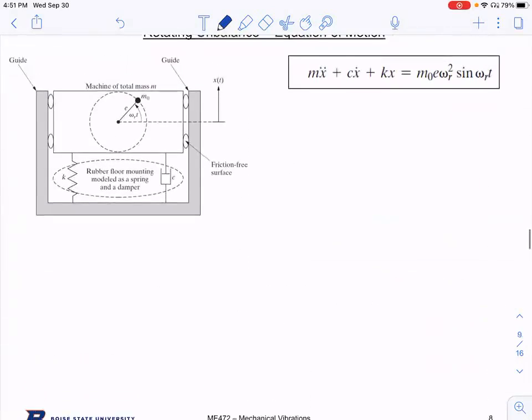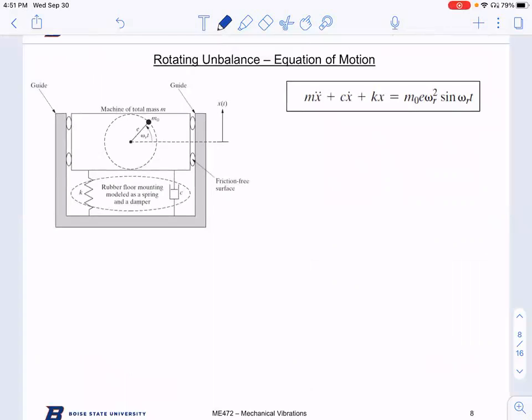All right, so after base excitation, we're going to learn another topic. It's called rotating imbalance. You can actually see a lot of these in practice. I can give you one example: your washing machine. A washing machine is usually a big bucket that is rotating, right? You load your clothes, and the clothes rotate together with the bucket.